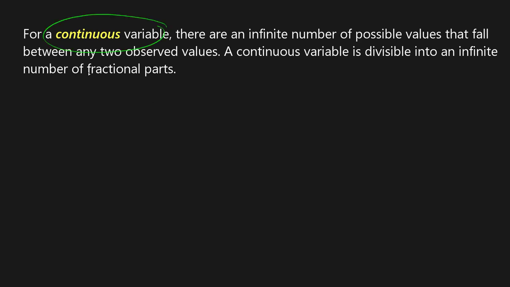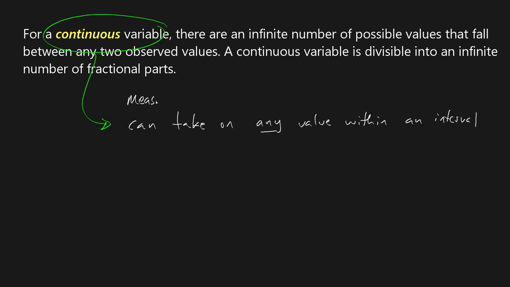Well, an easier way of saying this would be that a continuous variable, instead of certain values, can take on any value within an interval. Typically, continuous variables are measured variables as opposed to counts for discrete variables.